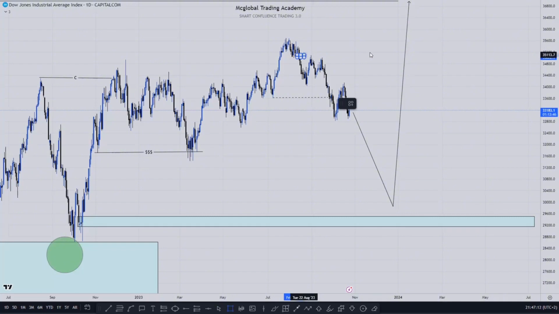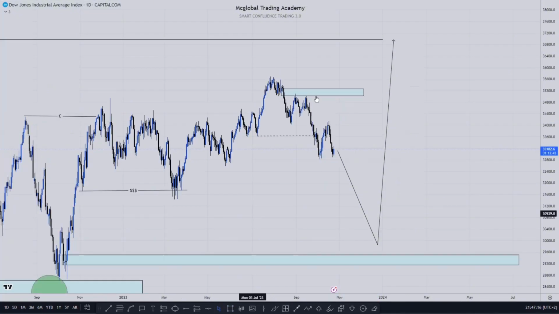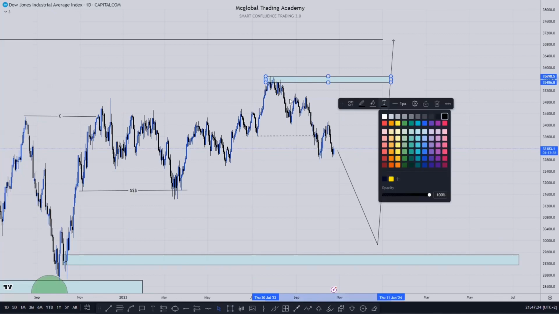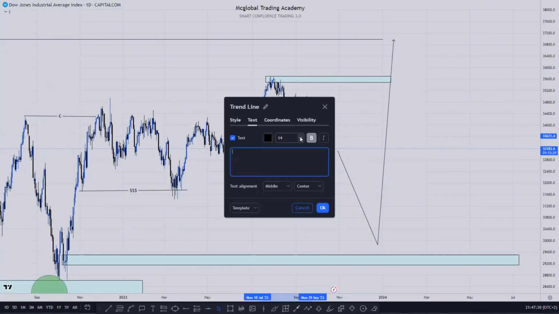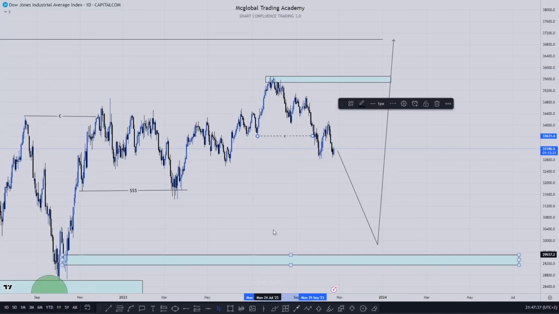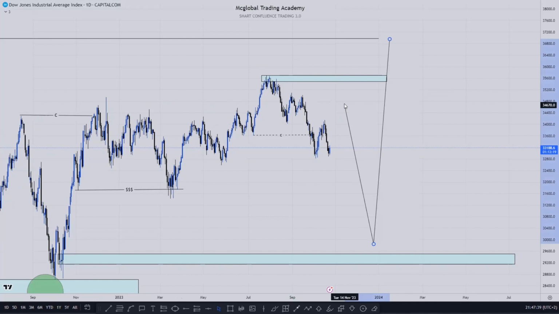You can see they touched this supply, but they can even come all the way to wipe either this level here, or this entire level, so long as they've collected this liquidity. So here I can say something like this: minor change of character. That one is the one that is going to facilitate this pullback that we want.